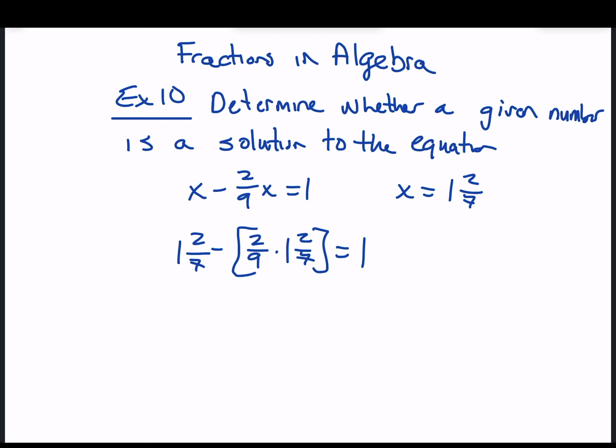Okay, so we'll rewrite that as 1 2/7 minus, we'll do what's inside the brackets. We can rewrite 1 2/7 by multiplying the whole number times the denominator. 1 times 7 is 7 plus the numerator. 7 plus 2 is 9.